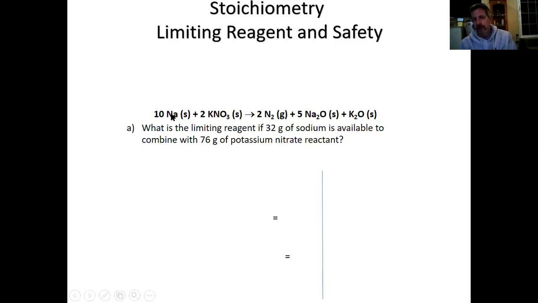So we want to actually use stoichiometry. We're actually going to find out we have to use stoichiometry 2 times. So twice. We're going to use stoichiometry for the amount of one reactant given, turn that into a product. We're going to do the same thing with the other amount of reactant given, turn that into the same product. So let's get started with a little bit about how that works.